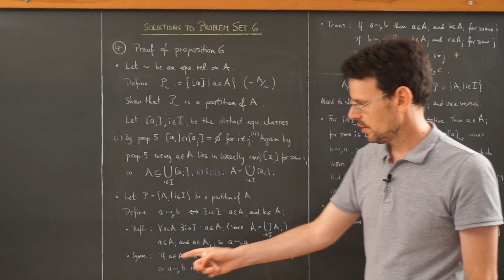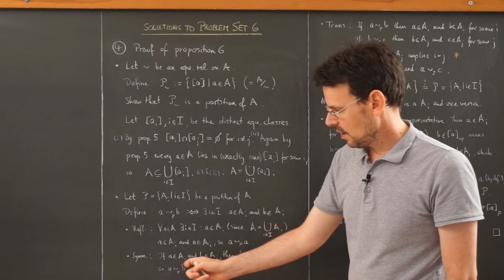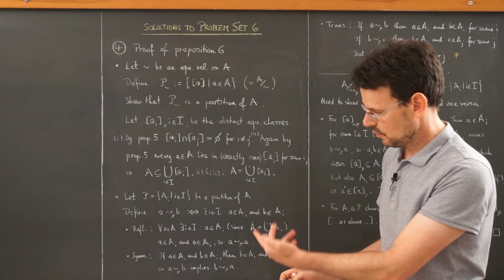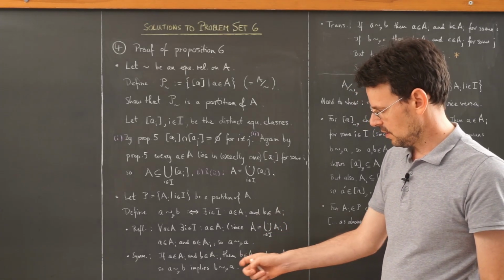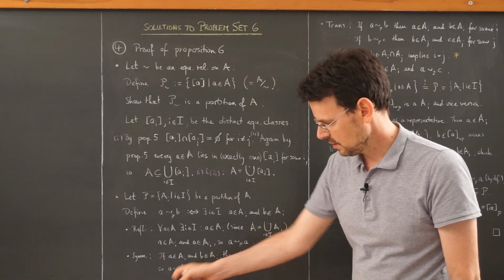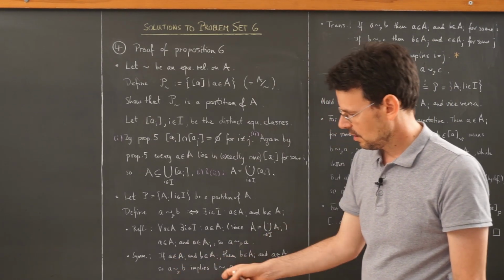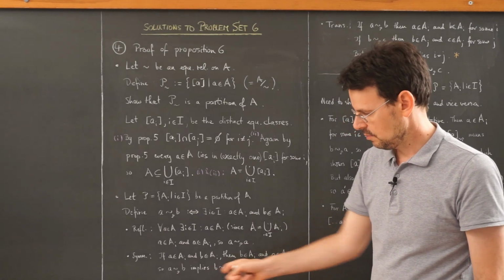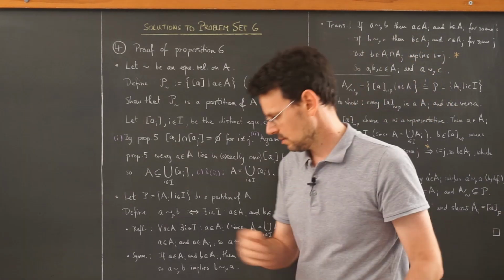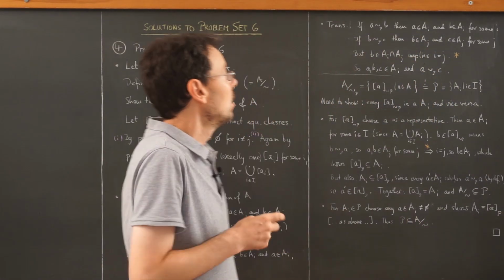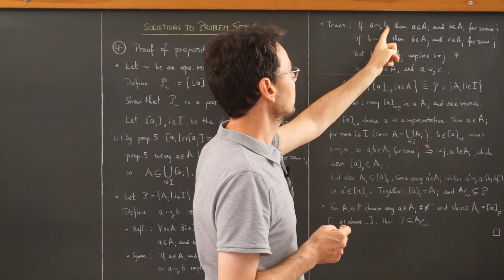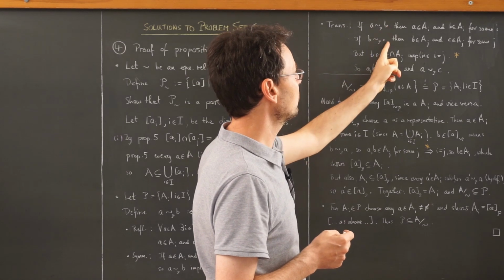Symmetry is equally simple, because if a lies in some A_i and b lies in the same A_i, then of course if I switch the order, this is trivially still true. b is in A_i and a is in A_i. So it follows trivially that also b is in relation to a. So symmetry is easy. Now for transitivity, let's assume a is in relation to b and b is in relation to c.